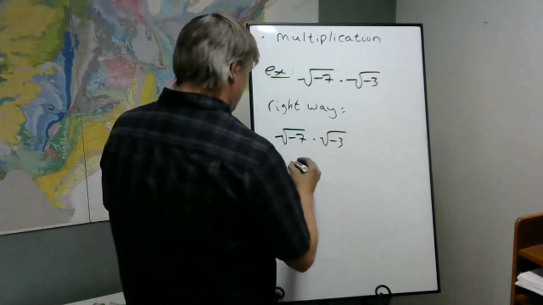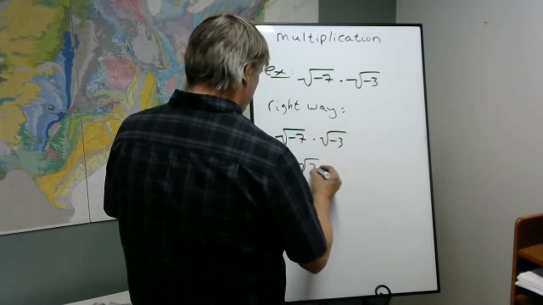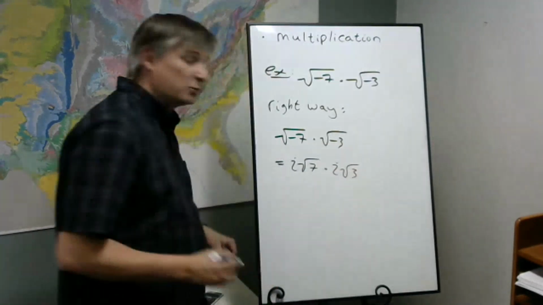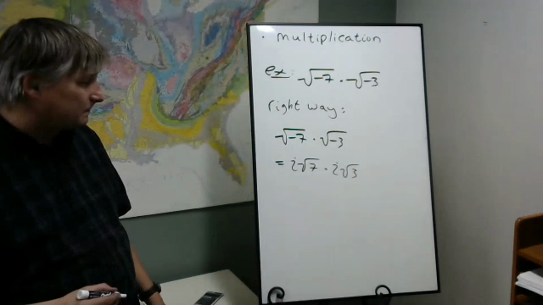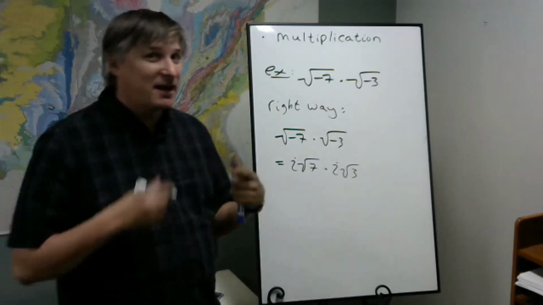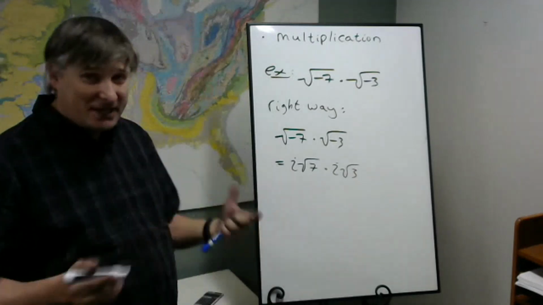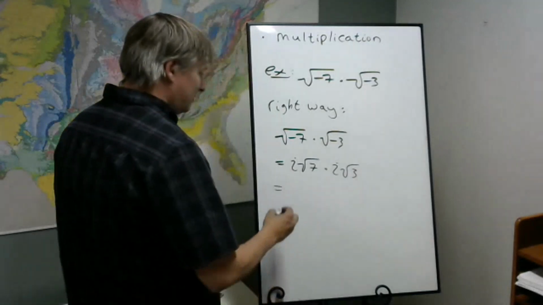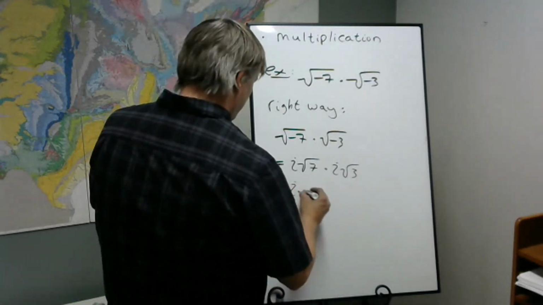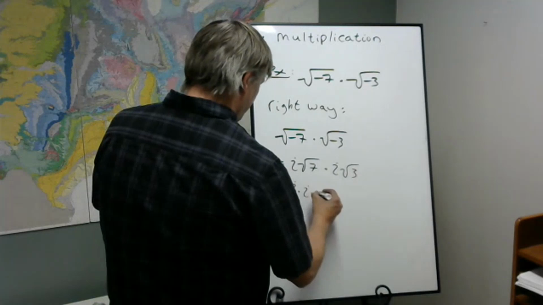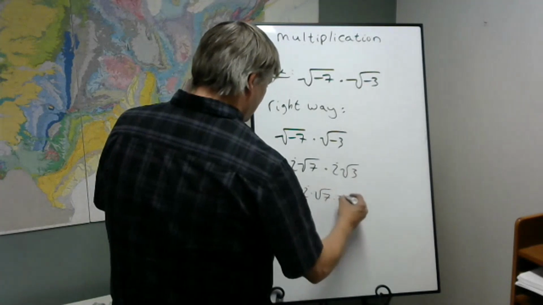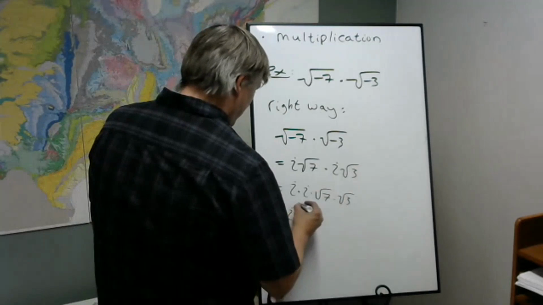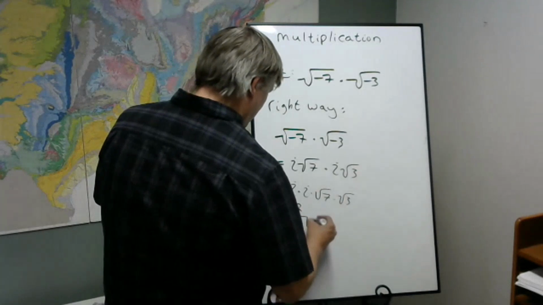So this will come out to be i root 7 times i root 3. Using an equal sign and not an arrow, this is a legit way to do it. And then we have the i times square root 7 times square root 3, or i squared times the square root.